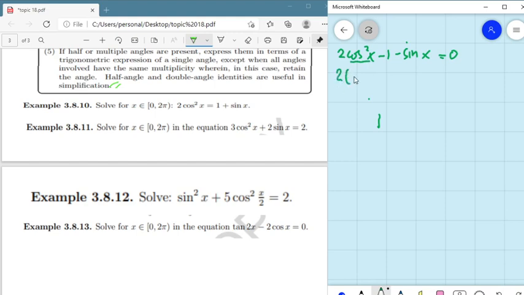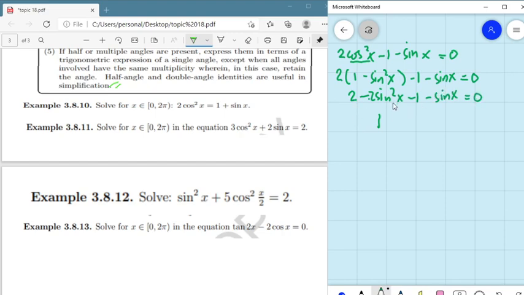So 2 quantity 1 minus sine squared x minus 1 minus sine x equals 0. Then distributing 2 to every term inside, we have 2 minus 2 sine squared x minus 1 minus sine x equals 0.